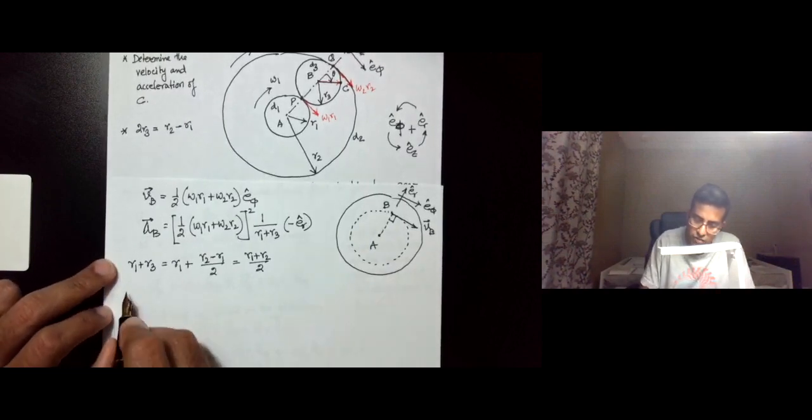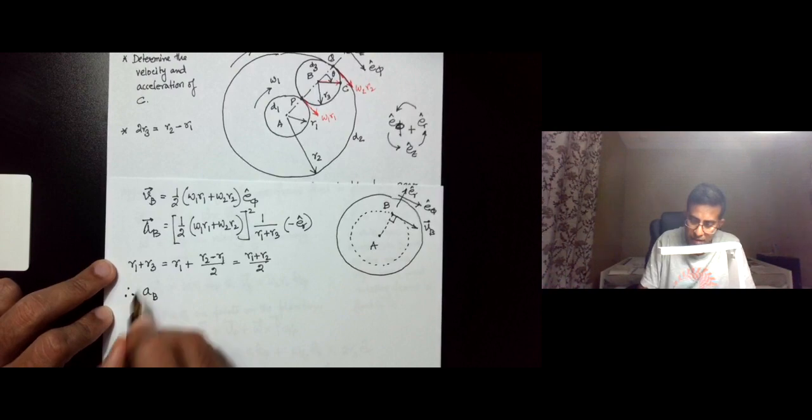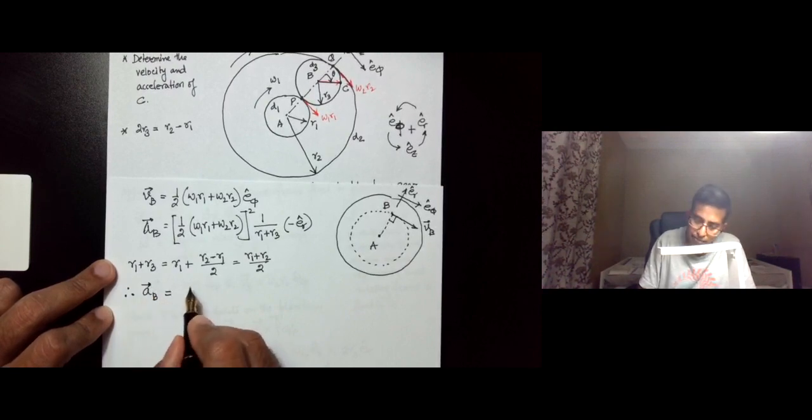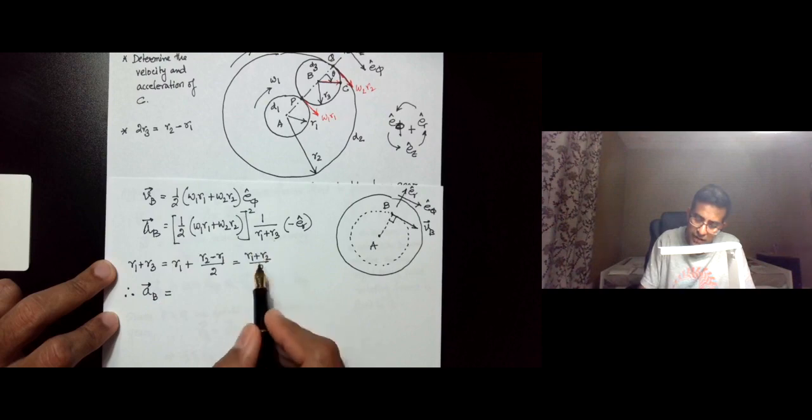Therefore the acceleration of B is equal to this term divided by (R1 plus R2) divided by 2.